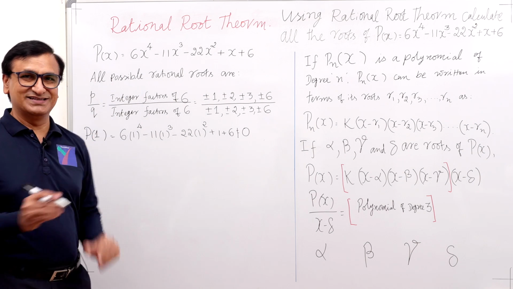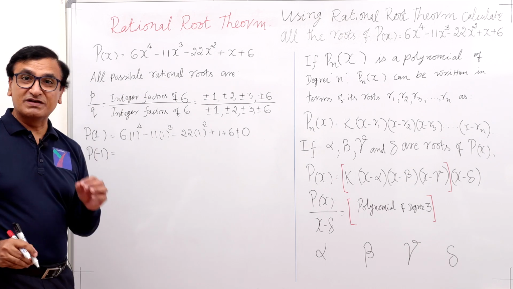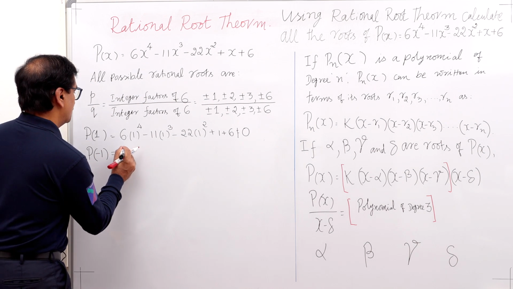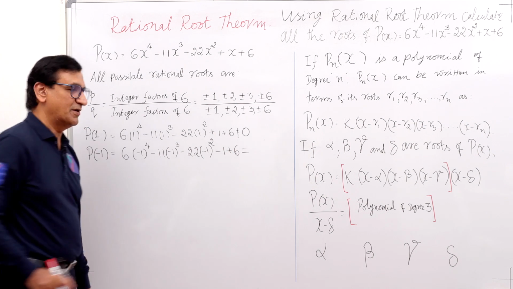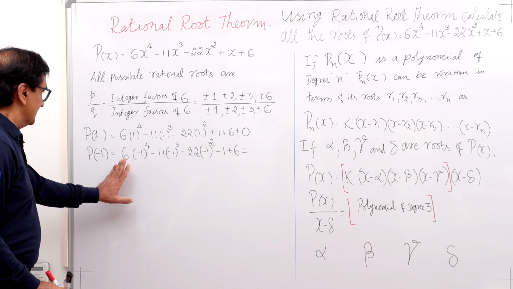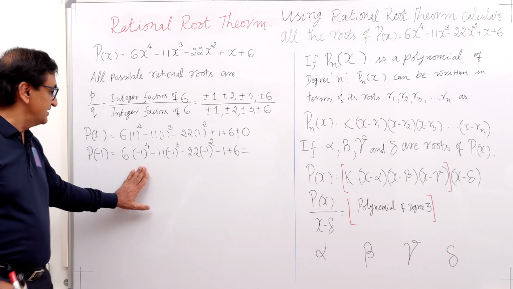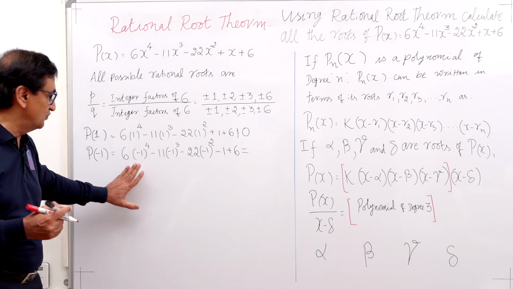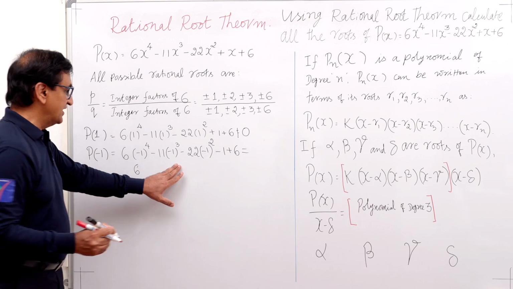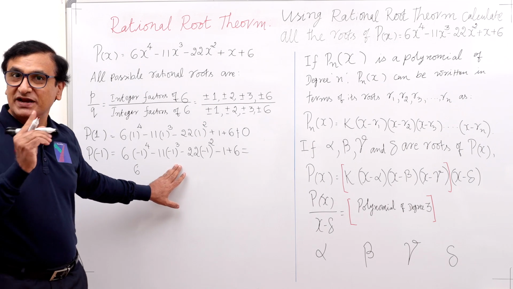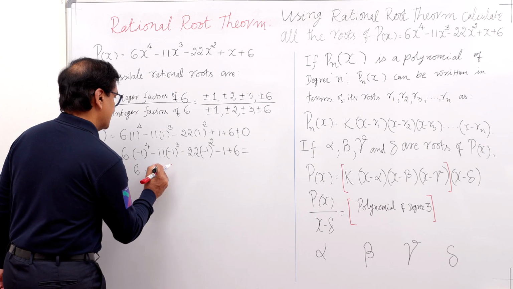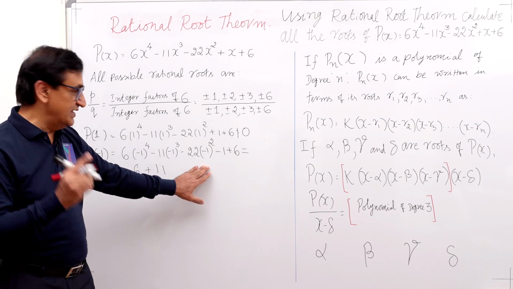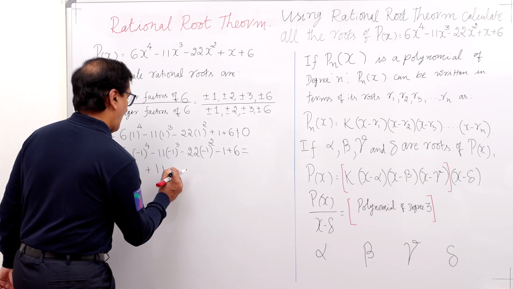Let's try minus 1. We are going to try minus 1 now. Okay, let's try. 6 multiplied by minus 1 power 4 is 1, so 6. Minus 1 cube is minus 1, so minus 1 times minus 11, so plus 11. Minus 1 square is 1, so minus 22.